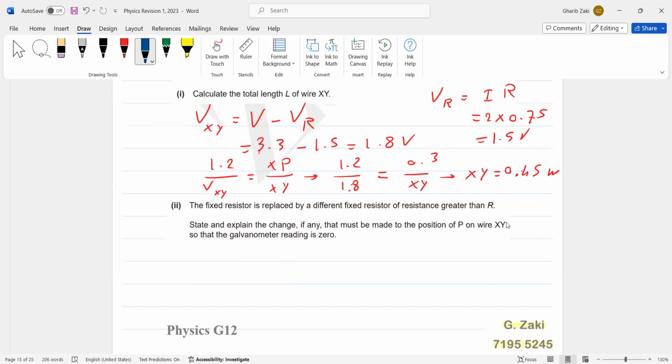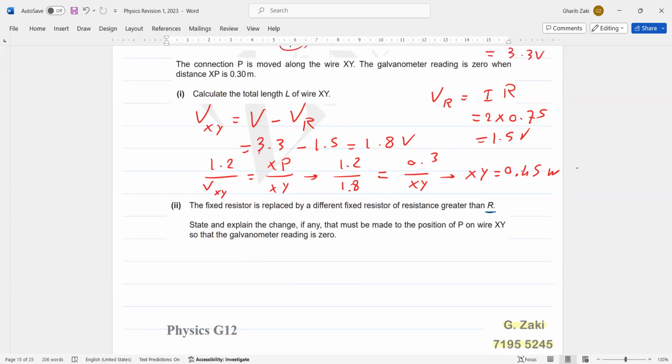Now, in the last part, he said the fixed resistor is replaced by a different fixed resistor of resistance greater than R. When R increases, the potential difference around R also increases, so the voltage around XY will decrease. Then we have to shift it toward Y. So we write: as R increases, because it's the same current, VR also increases.